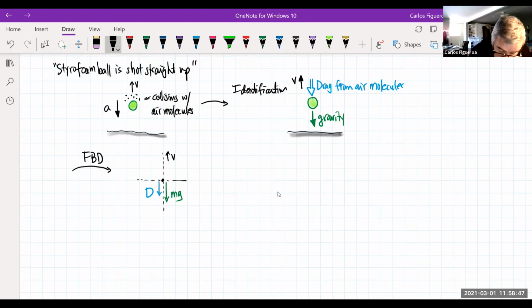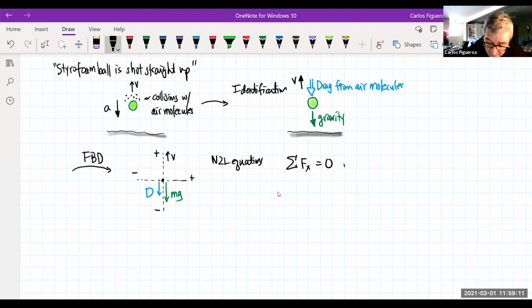From here, I write the N2L equations. I pick my velocity to be positive. Note that the X doesn't matter because there are no X forces, so the forces in the X direction are 0.